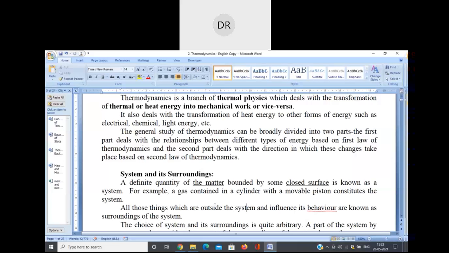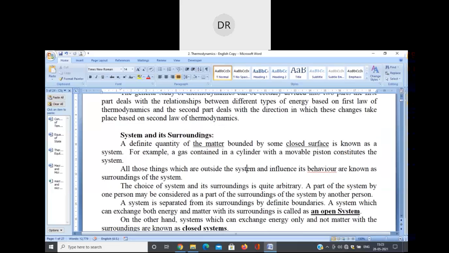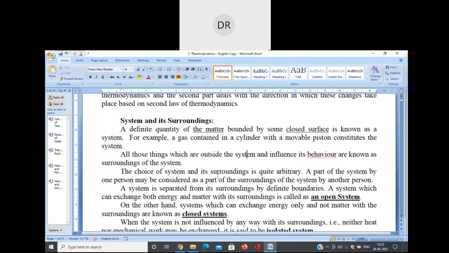So the choice of the system may be quite arbitrary. As per our interest, one part may be considered a system or one part may be surroundings. That is our limitation. As per our requirement, we divide the system and surroundings.